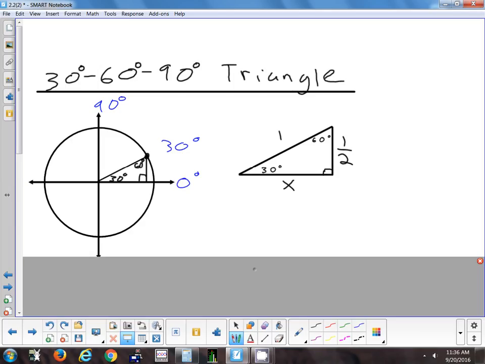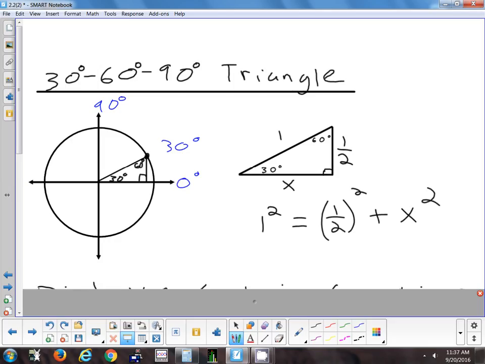Can you plug in what I have into that theorem and tell me what my equation would be? 1 squared equals 1 half squared plus what else? x squared. Yep, perfect. That's my equation. And now I just need to solve it.